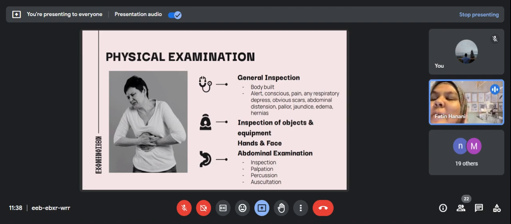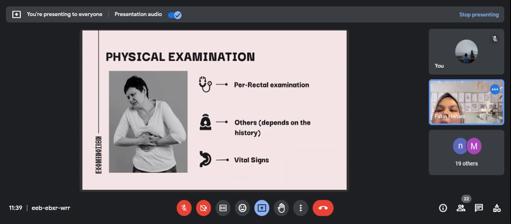And then we also inspect for any objects and equipment at the surrounding, as well as the hand and face examination. We proceed with the abdominal examination from the inspection, palpation, percussion, and auscultation that I'll be explaining later. Next, we can also proceed with the per-rectal examination, and other examinations depending on the history.